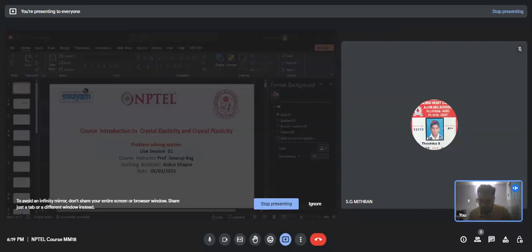So I'm drawing a BCC crystal here. In a BCC crystal, eight crystal lattice points will be at the corners and one will be in the center of the cube.